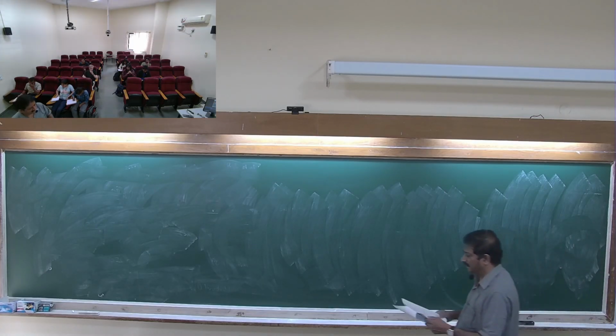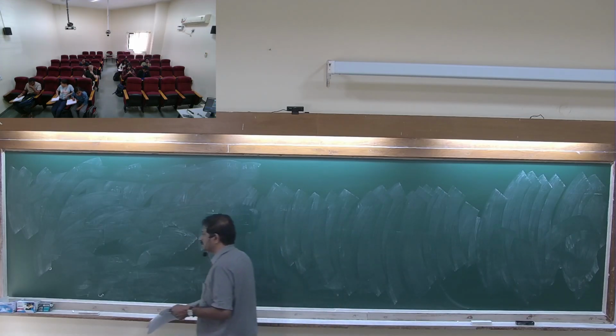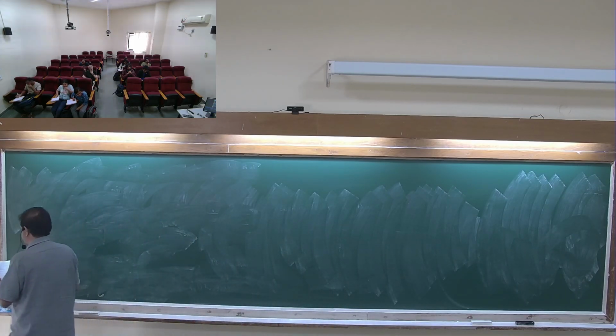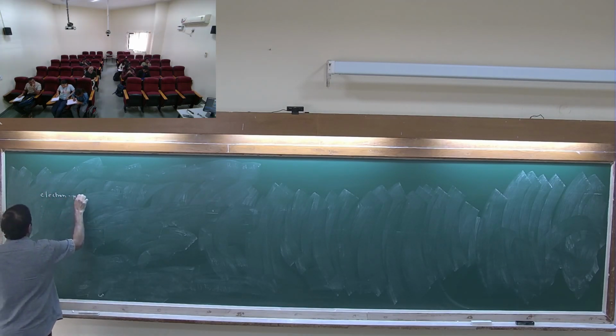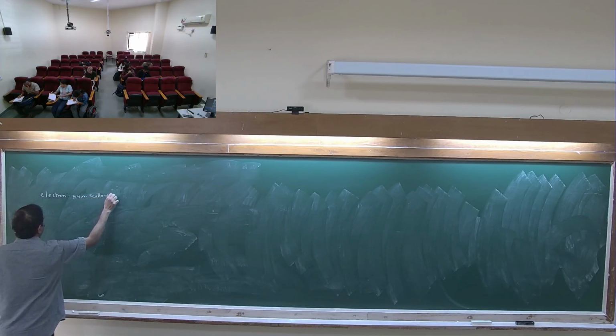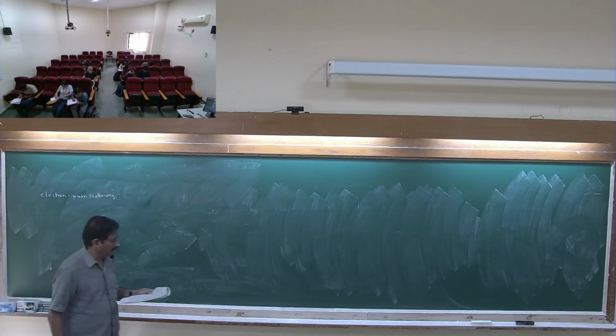Okay. But let us take a simple example where we start to see how it actually enters a particular process. So let us look at electron muon scattering, just as an example, just following whatever is there in the book of Griffiths.